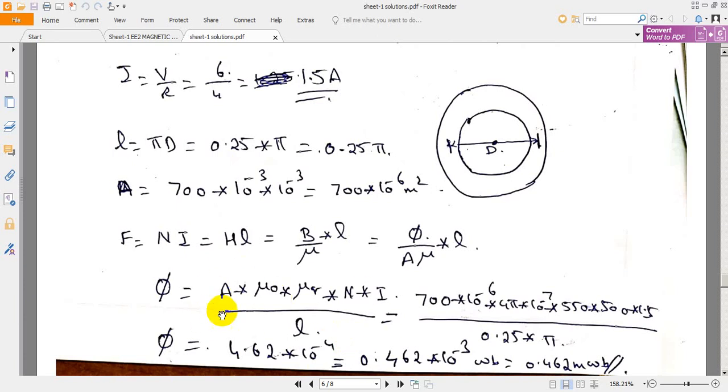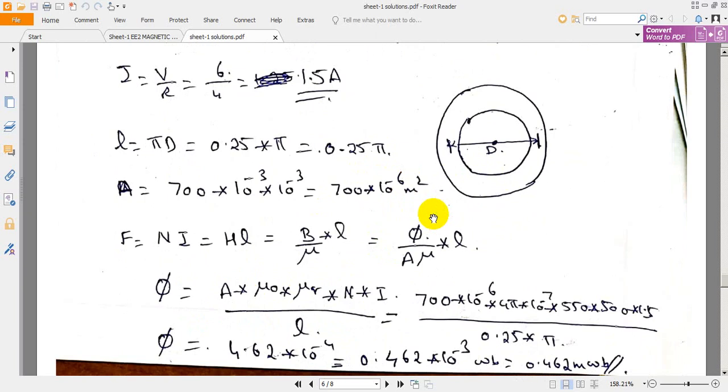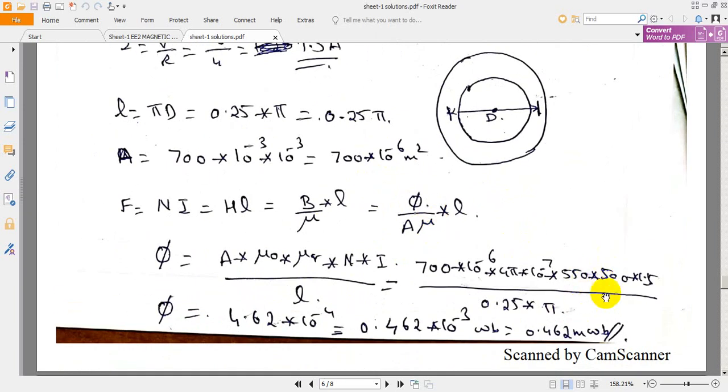So substitute the value of area, mu naught 4 pi into 10 to the power of minus 7, relative permeability mu R 550, number of turns 500 and current flowing is 1.5.